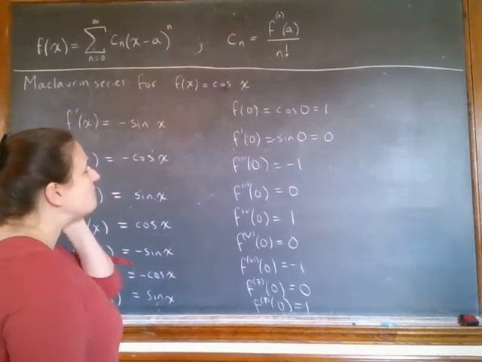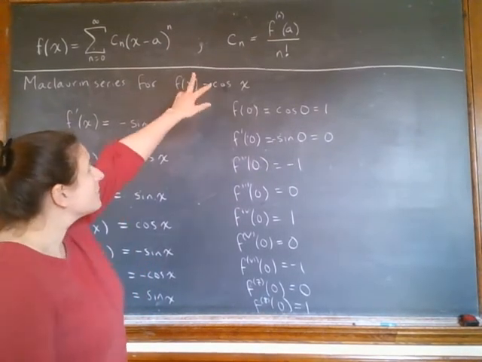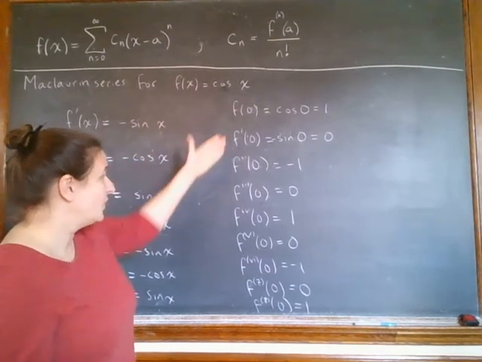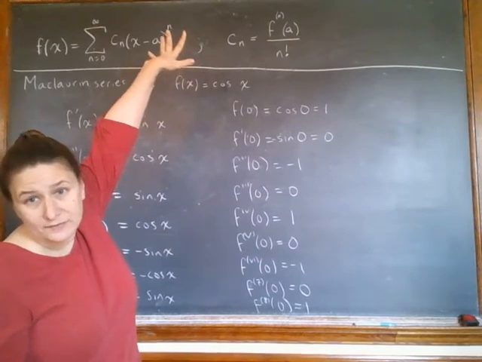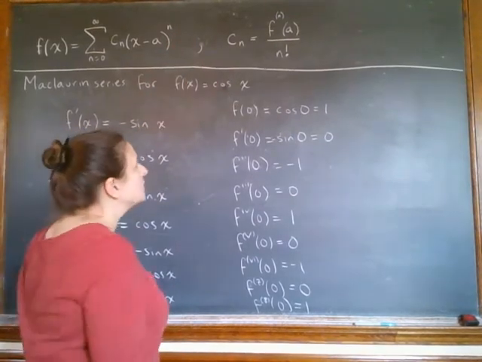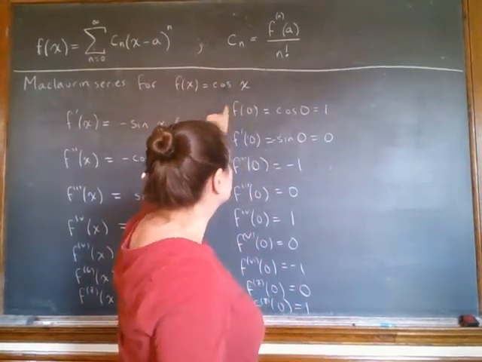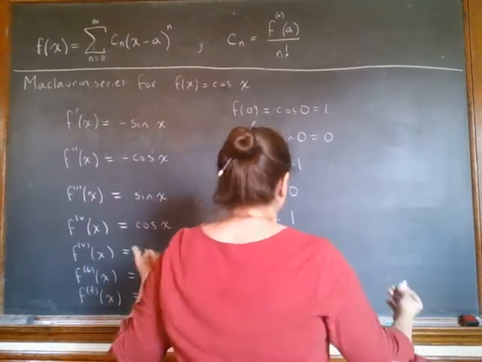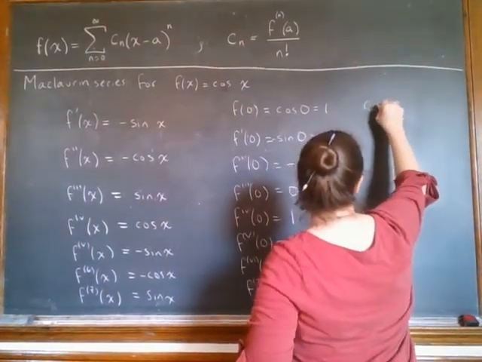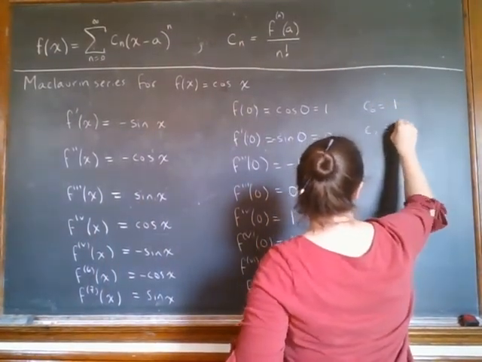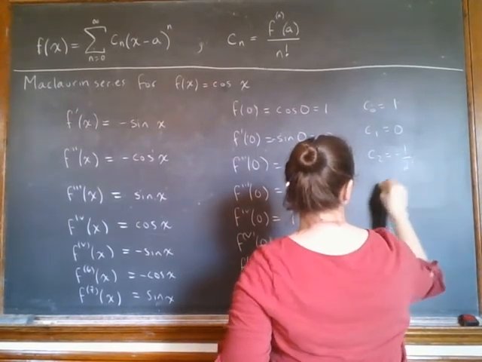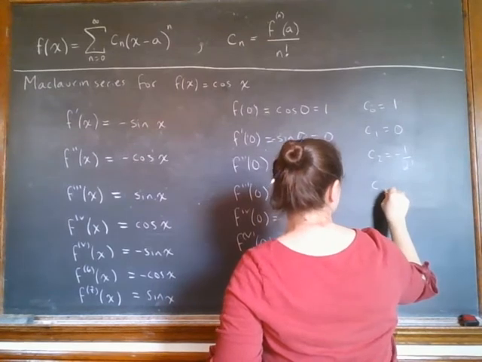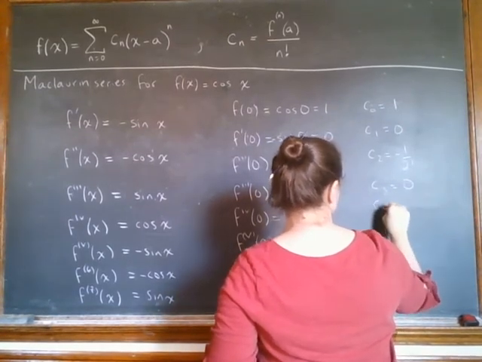Now, remember though, we don't just need this, we need it in that form. We have to divide by n factorial, right? So Cn is this derivative divided by that n factorial, so C0 is 1. C1 is 0, C2 is minus 1 over 2 factorial, C3 is 0, C4.